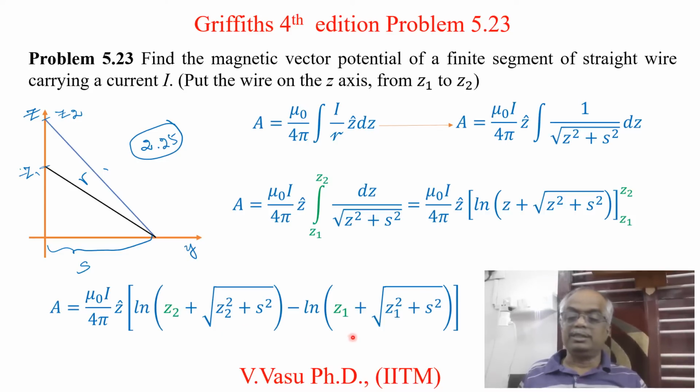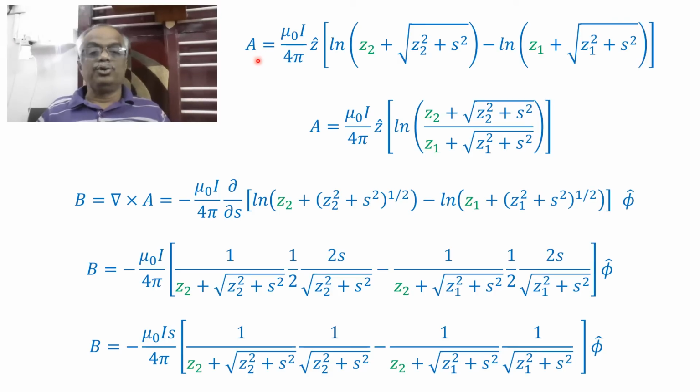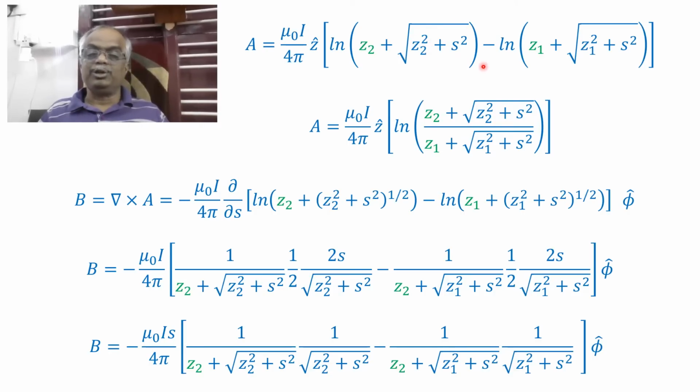We will try to simplify this as much as possible. So we got the magnetic vector potential A equal to mu naught I divided by 4 pi z hat, natural logarithm of z2 plus the square root of z2 squared plus s squared, minus the natural logarithm of z1 plus the square root of z1 squared plus s squared.